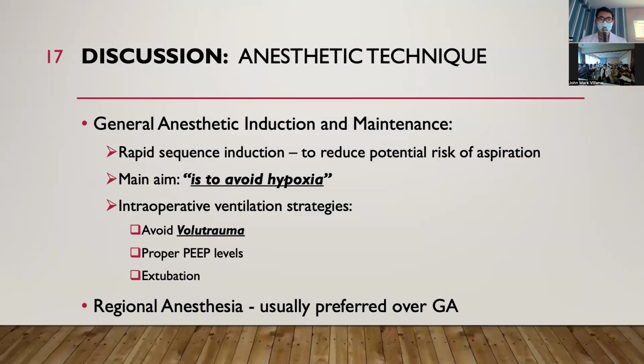So it is still disputed for the anesthetic technique in the paper. It is still disputed whether rapid sequence induction with no manual ventilation should be performed in the presence of morbid obesity to reduce the potential risk for aspiration, even in the absence of clinically apparent heartburn.